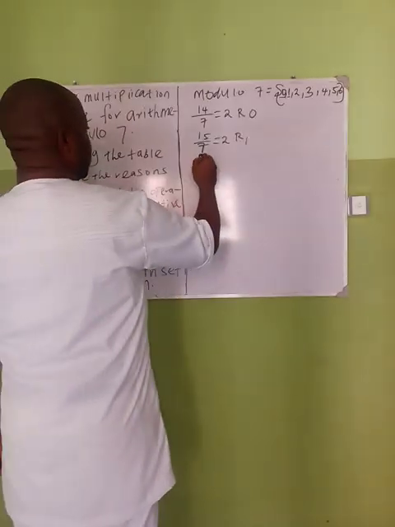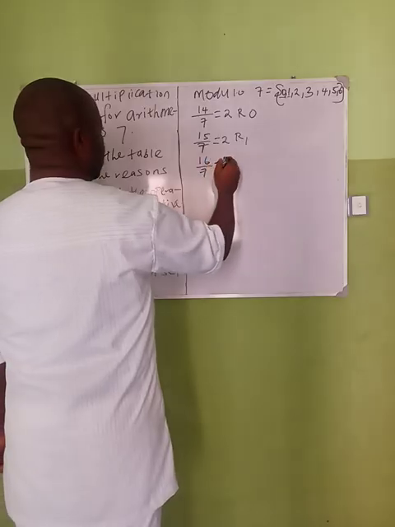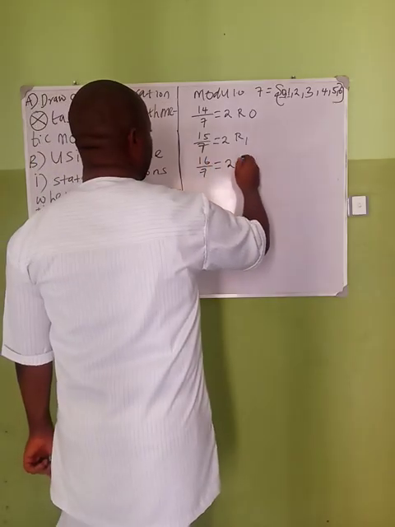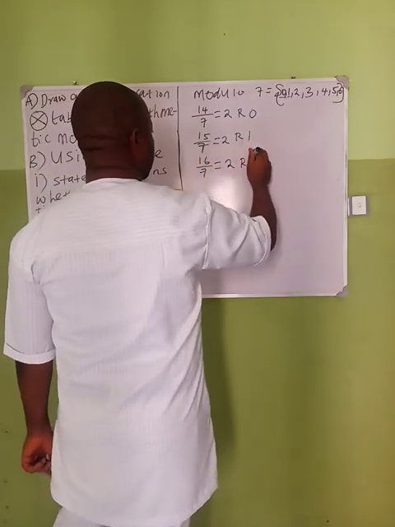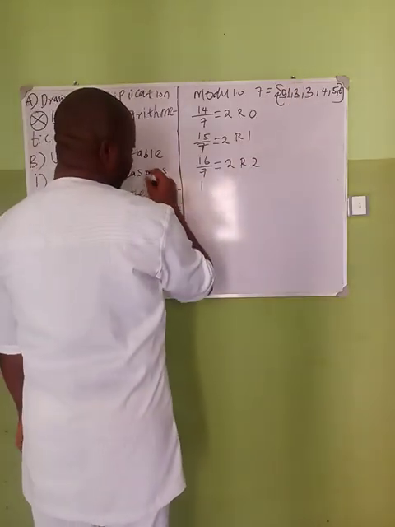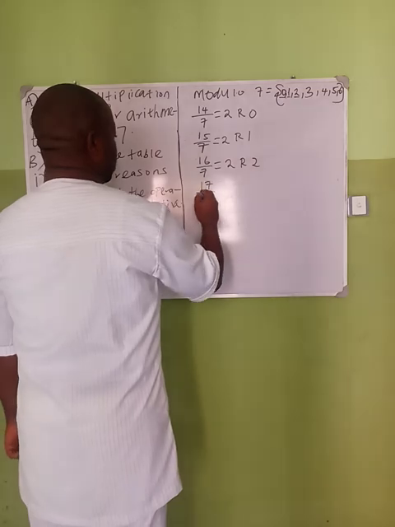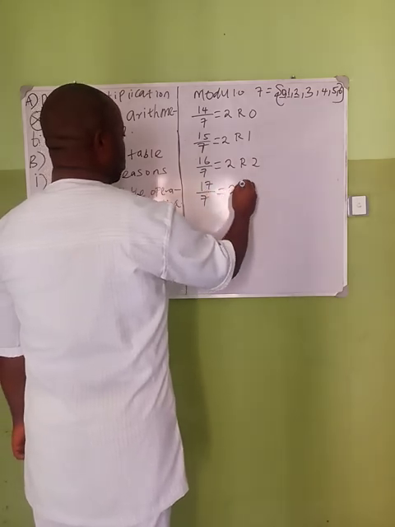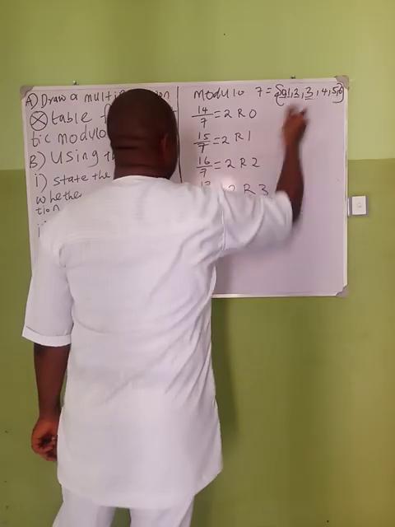If I have 16 divided by 7, it gives me 2 remainder 2, hence this 2. I have something like 17 divided by 7, it will give me 2 remainder 3, hence this 3.